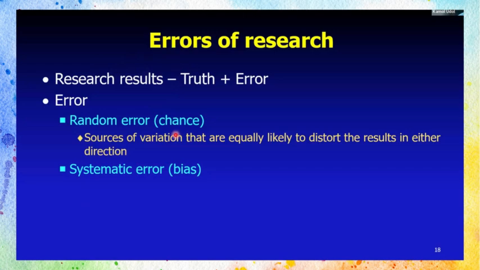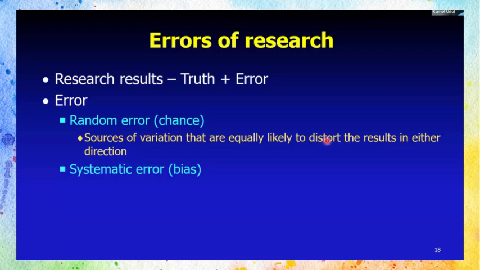But on some occasions, the random error might also reduce the research results, making them less than the truth. It might underestimate the results. So random error doesn't have any particular direction. It can either overestimate or underestimate the result.